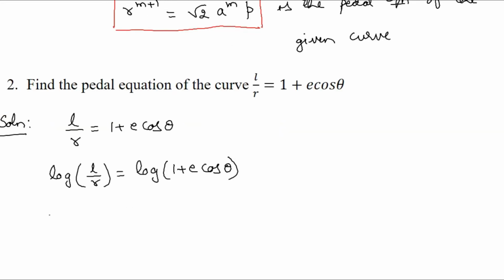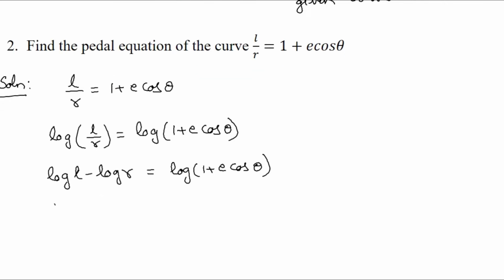So this will be equal to log of L minus log of R is equal to log of 1 plus e cos of theta. So let us try to differentiate this with respect to theta.